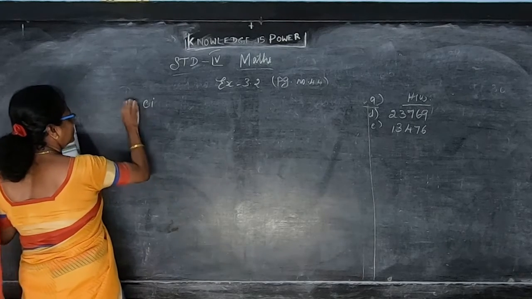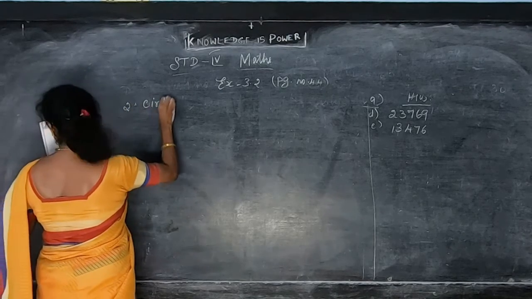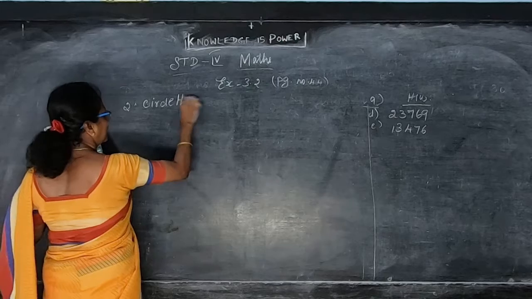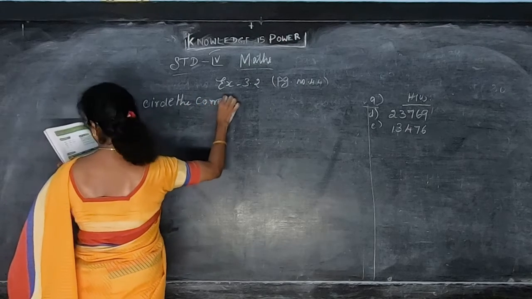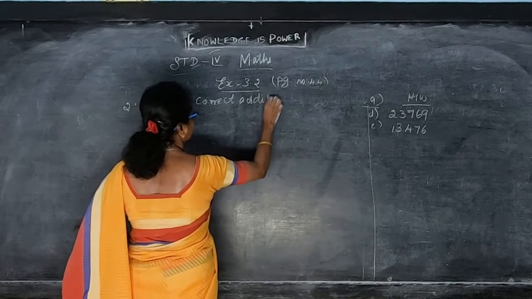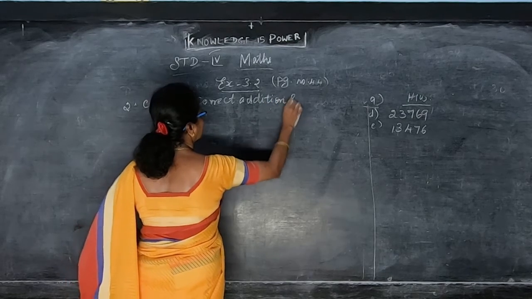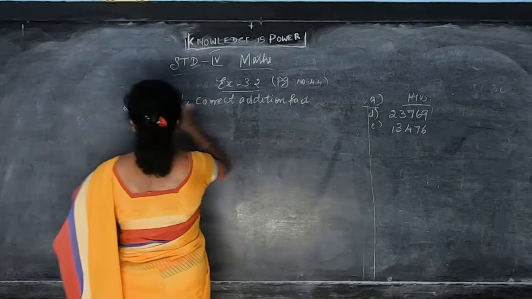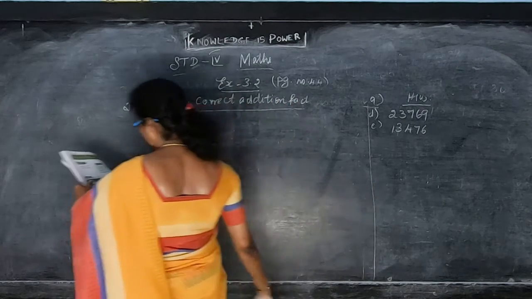Circle the correct addition by casting out 9.